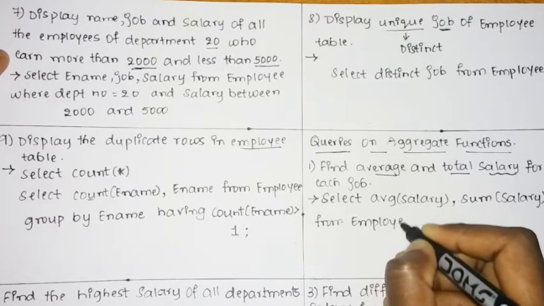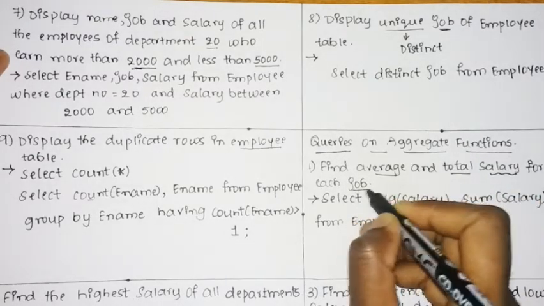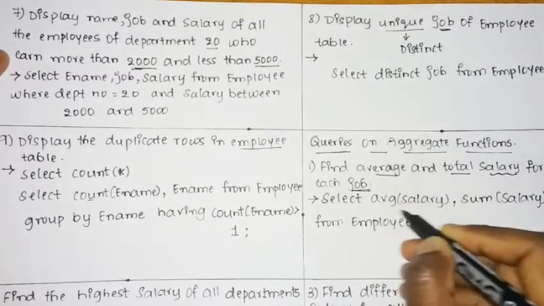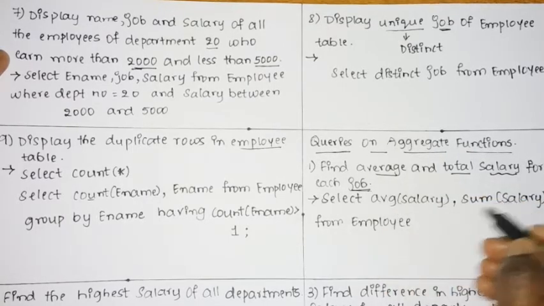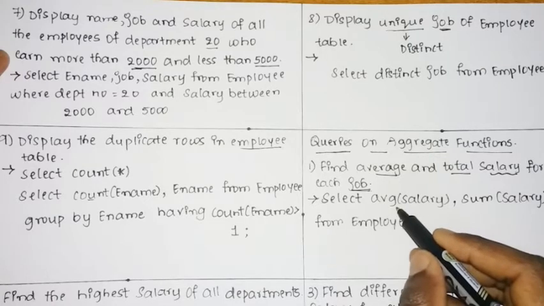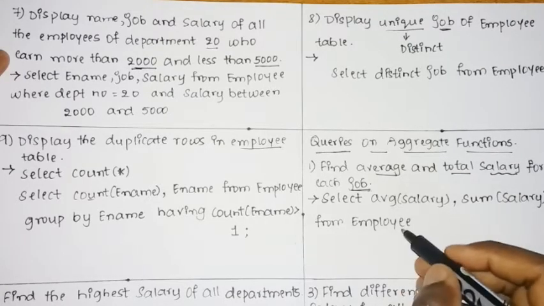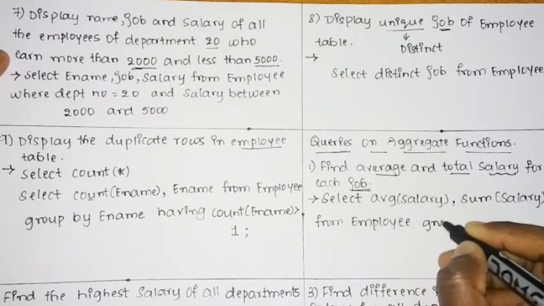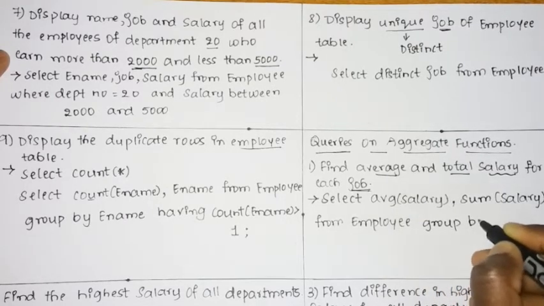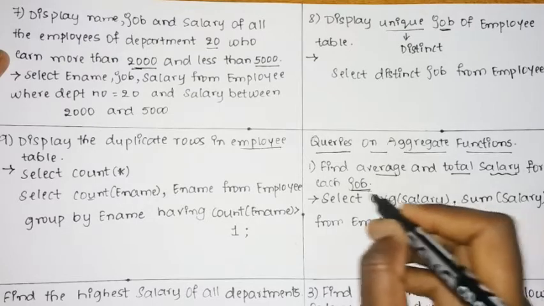After that, what you need to do is for each job. If you want to find the average salary as well as the sum of salary from the employee table, you're going to use a group by job.